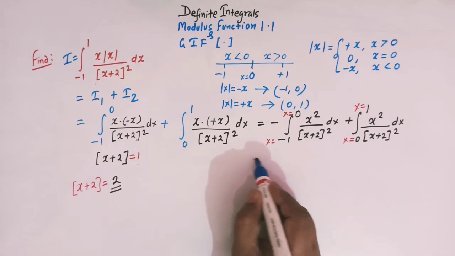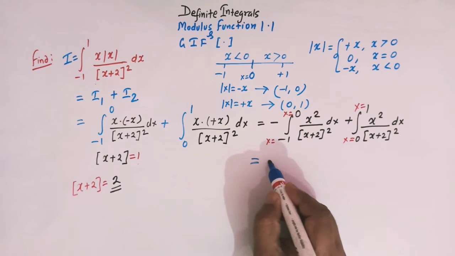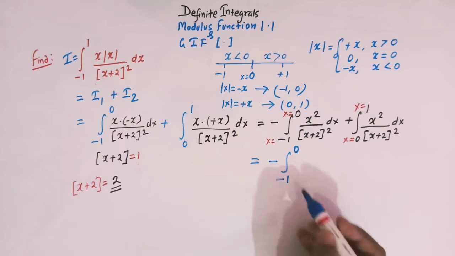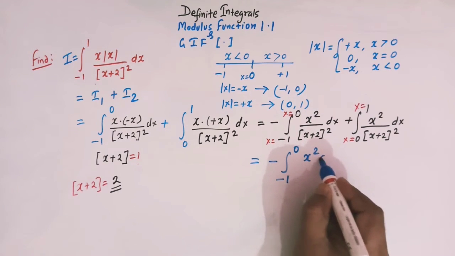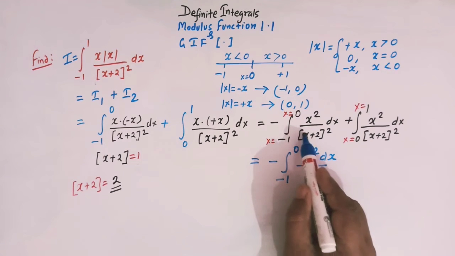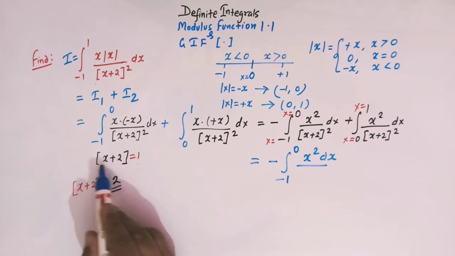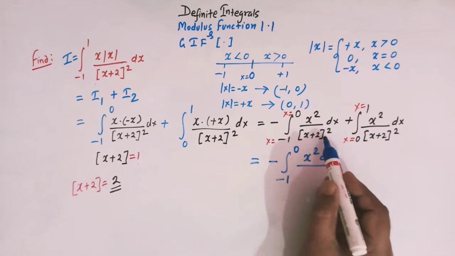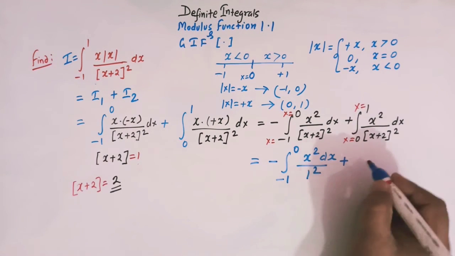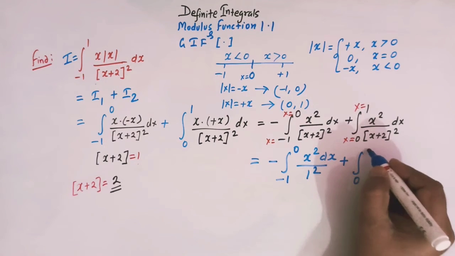So now these two integrals can be written as minus, here we have -1 to 0, and here we have x square dx, and in the denominator we have greatest integer of x plus 2 as 1, so here we have 1 square, right? And the second integral is from 0 to 1.